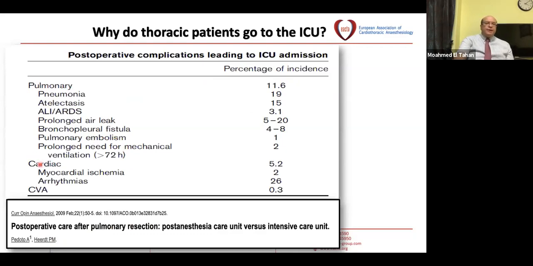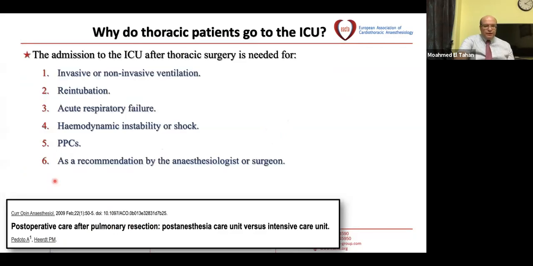Less commonly, cardiac complications, either myocardial ischemia, arrhythmia, or CVA. ICU admission after thoracic surgery is needed for invasive or non-invasive ventilation, re-intubation, acute respiratory failure, hemodynamic instability or shock, postoperative pulmonary complications, or as a recommendation by the anesthesiologist or surgeon.